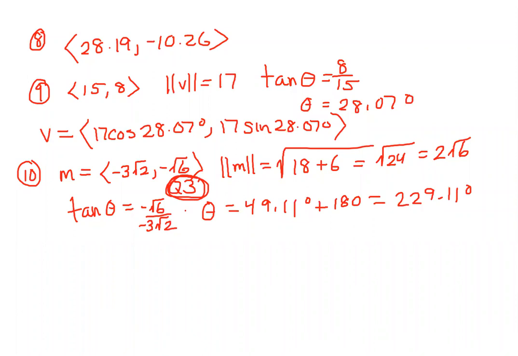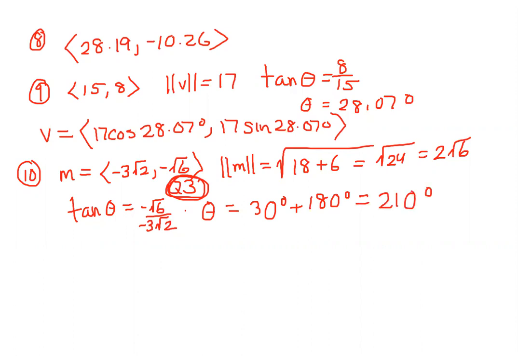So I put something in my calculator wrong. Because if you do this, you should get 30 degrees, but 30 degrees is not in quadrant 3, so you have to add 180 and you get 210.